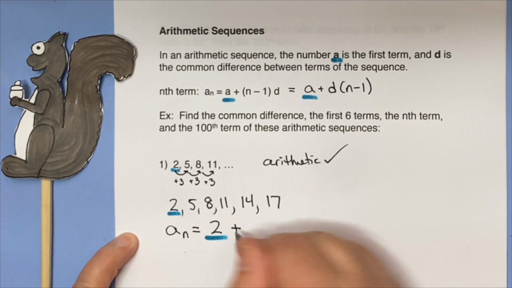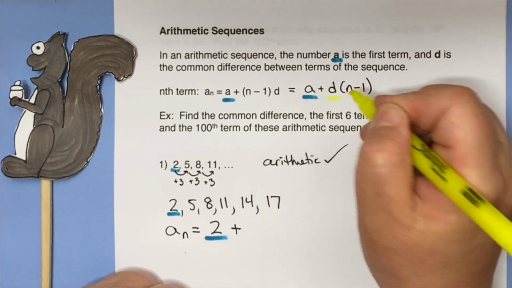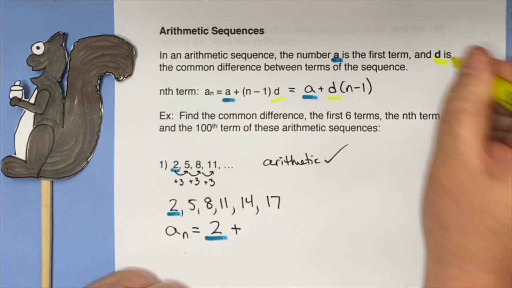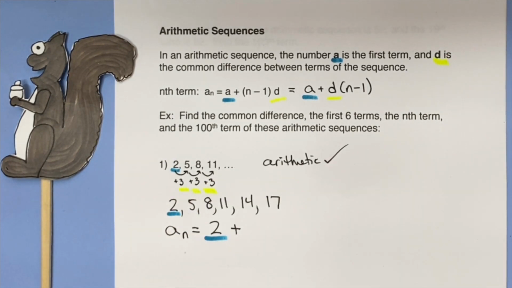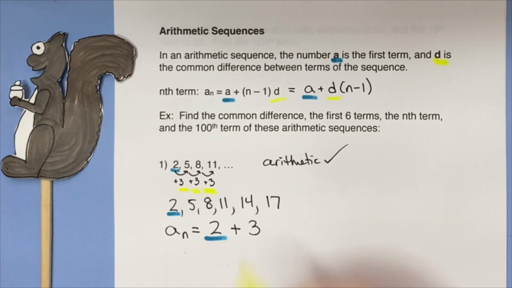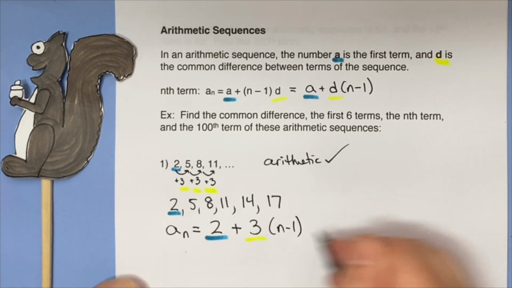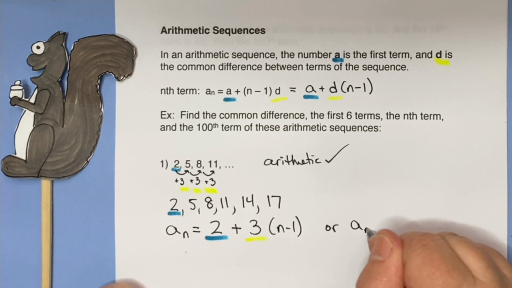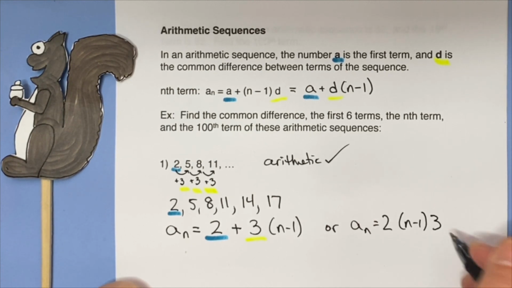That's 2 plus, and then the common difference is going to be this number, that 3. So that's going to be 3 times n minus 1, so you could write it either way.